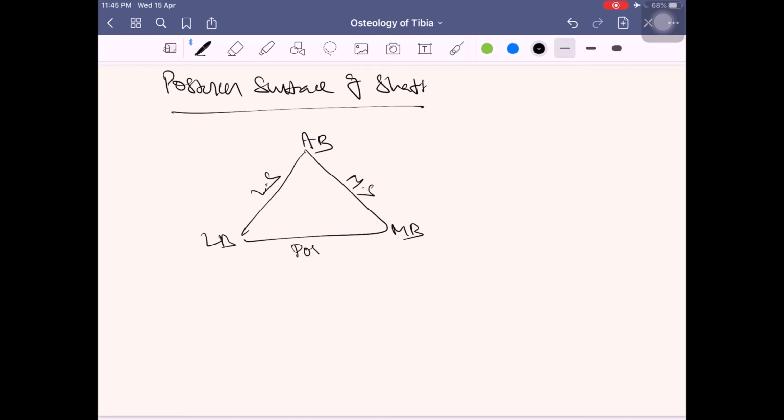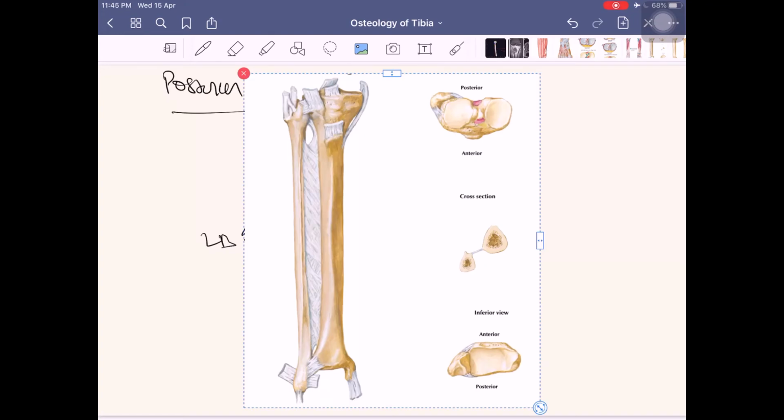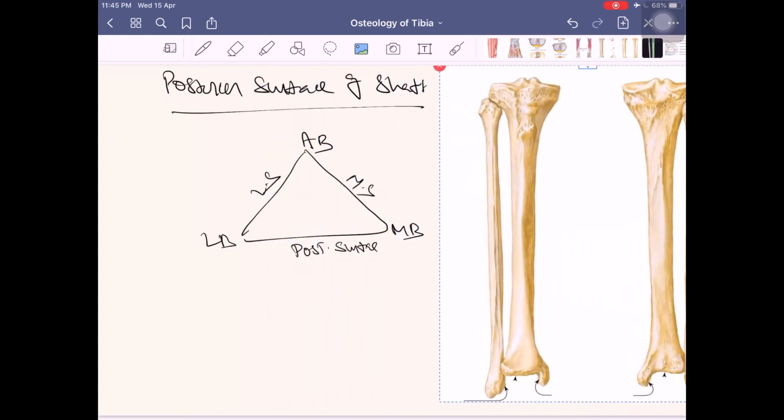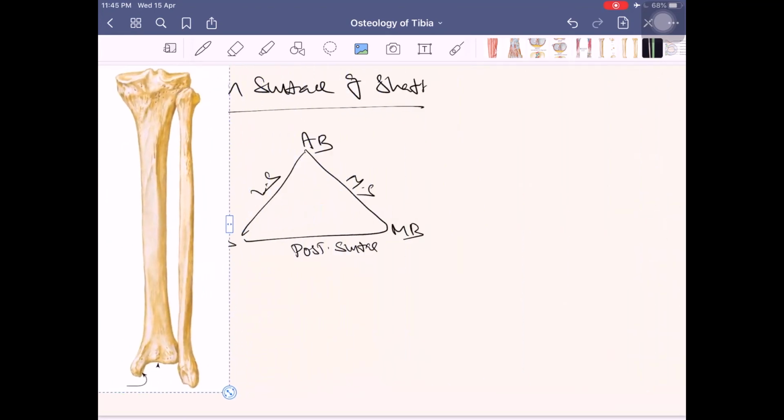So the posterior surface lies between medial and lateral border, that is the location. So this is the posterior surface we are seeing.